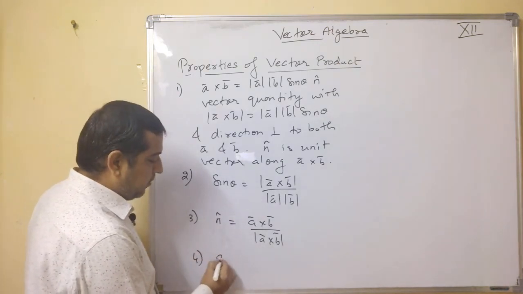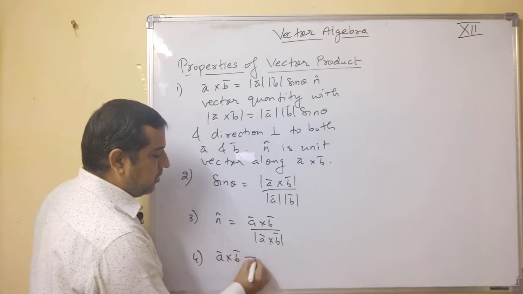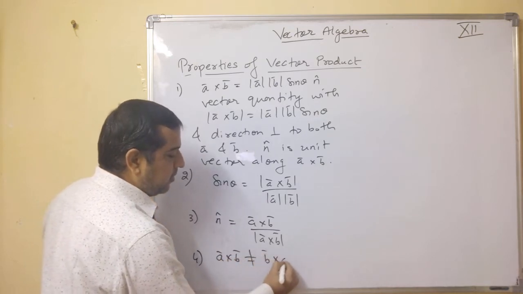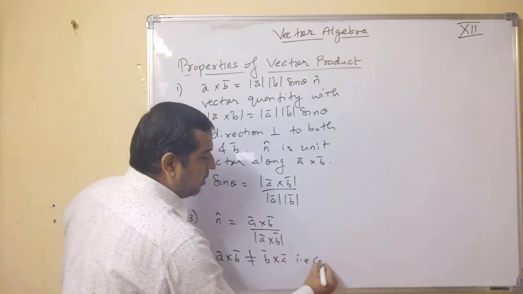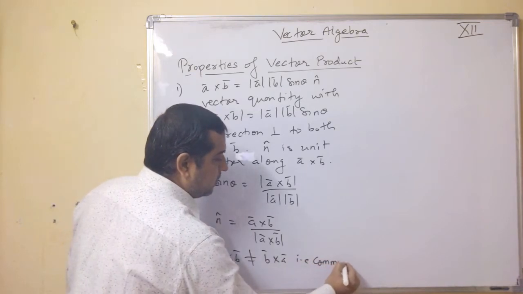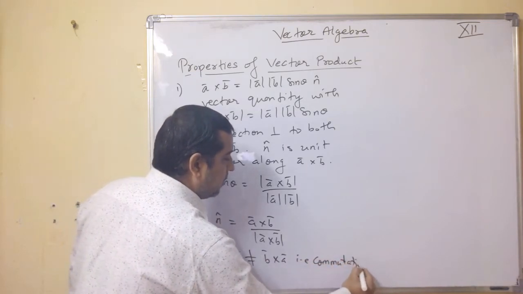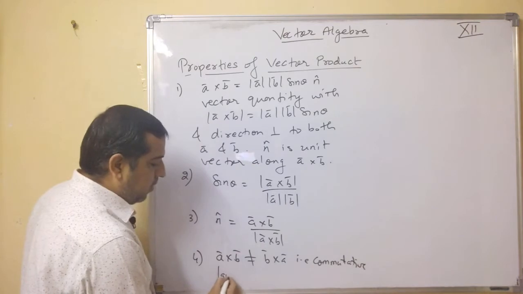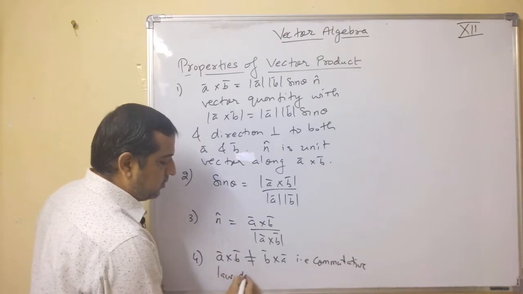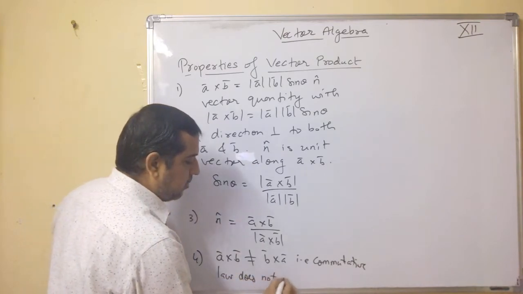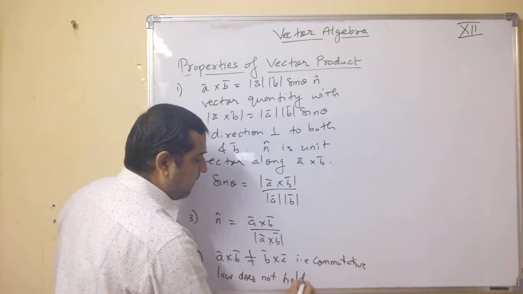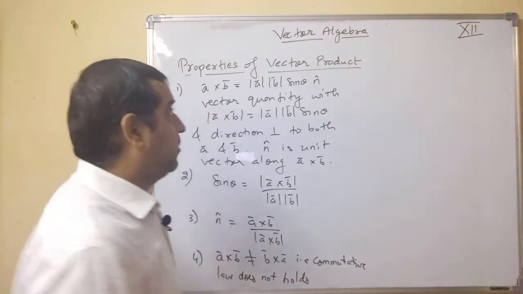Fourth important one, vector A cross B, it is not equal to vector B cross A. That is, commutative law does not hold.